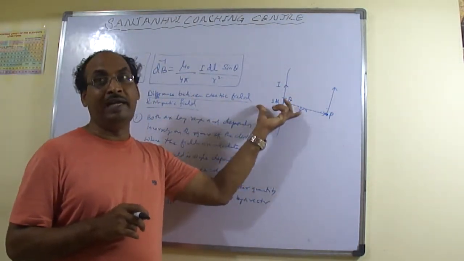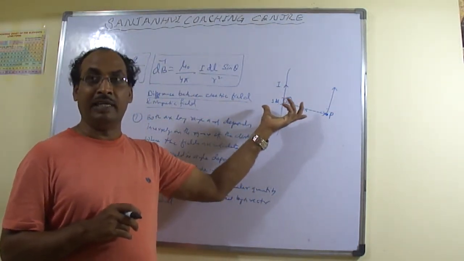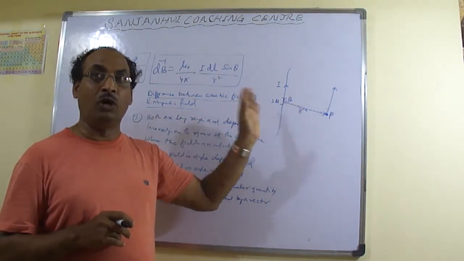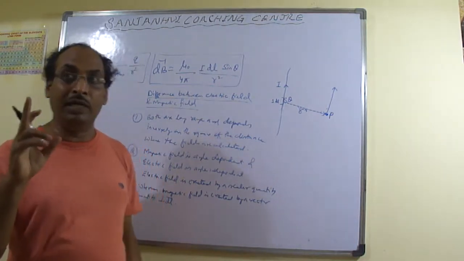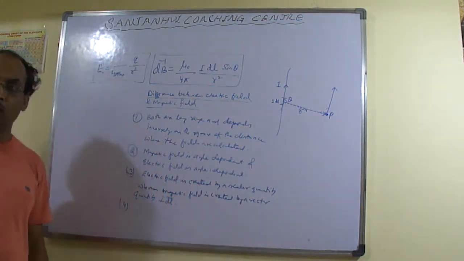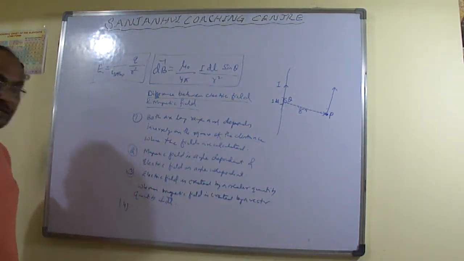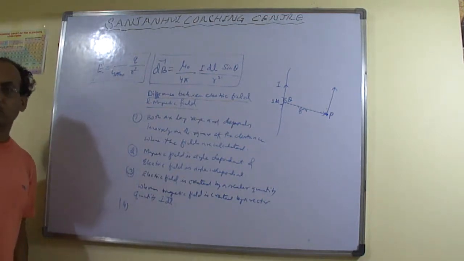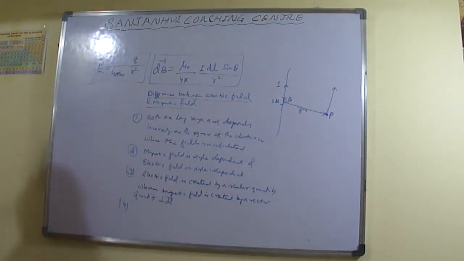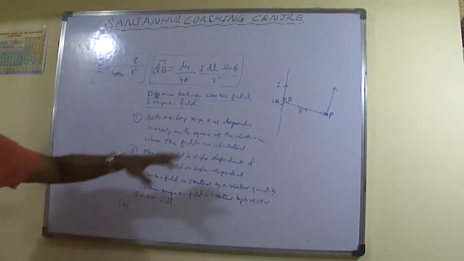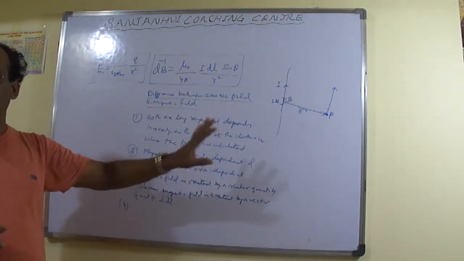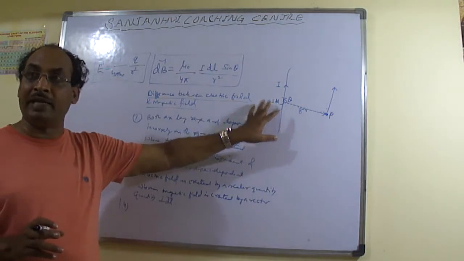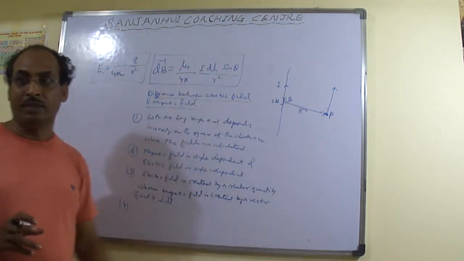It is not specified in one particular direction only, whereas electric field is always specified in one particular direction. Sir, but it will be mutually perpendicular. Yes, magnetic field will be perpendicular to the plane containing I dl and r.